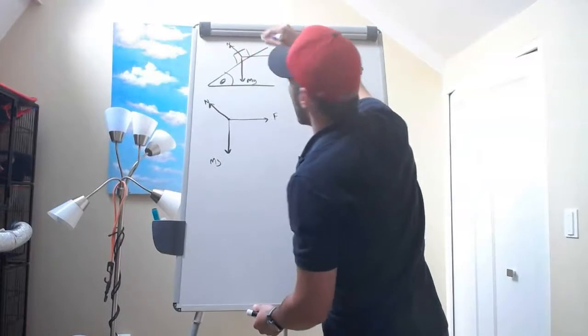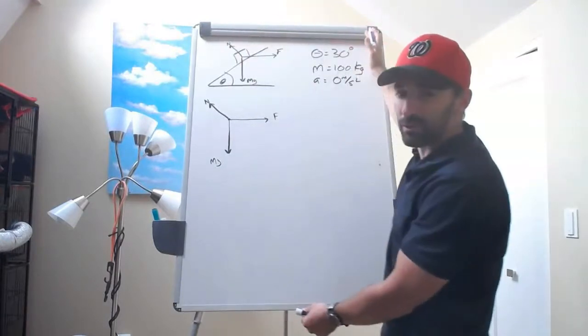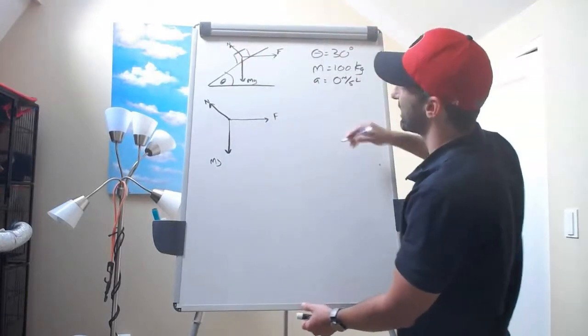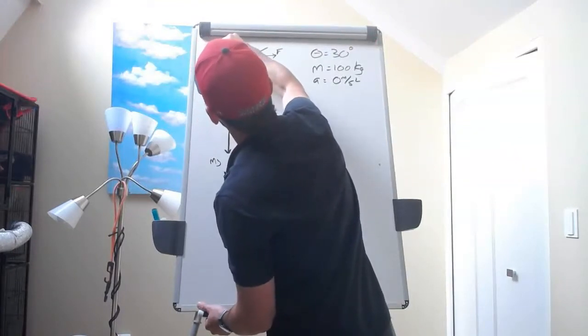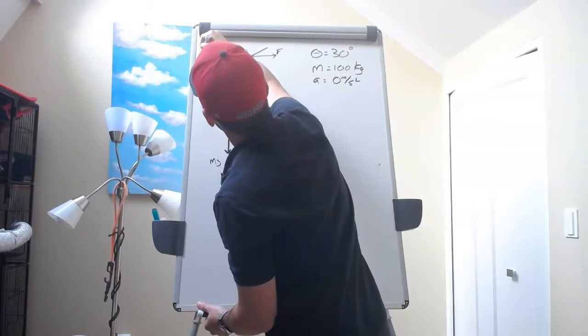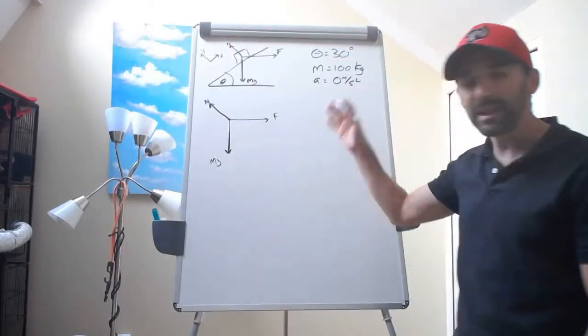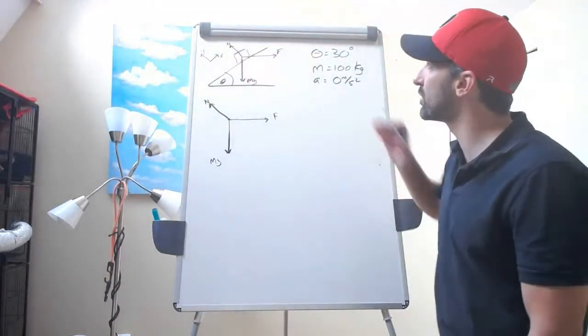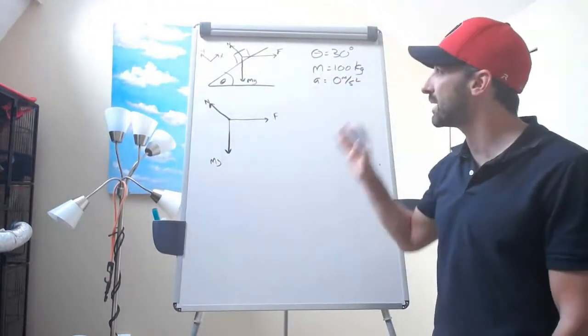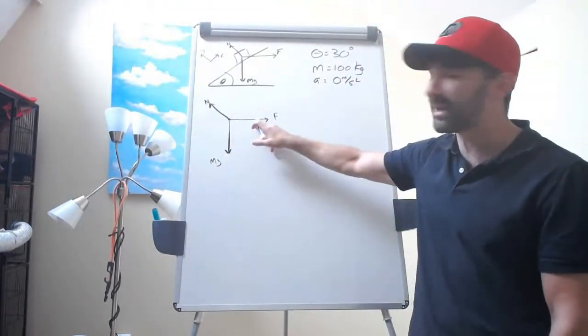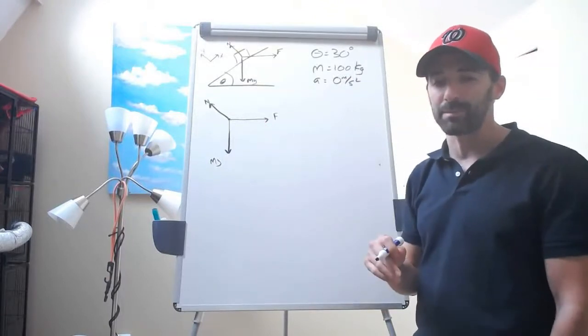Somewhere on your paper, I would usually put it on the right side of my paper, but I put that stuff over here. I'm going to put this coordinate system, X and Y. Now that means in that skewed coordinate system, the normal is in my XY plane. That means mg and F are not in my XY plane.